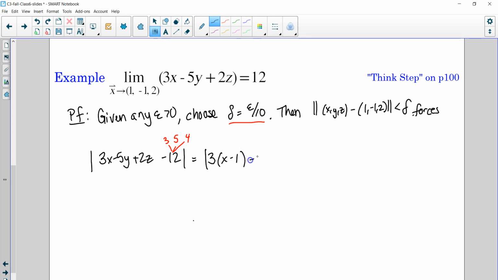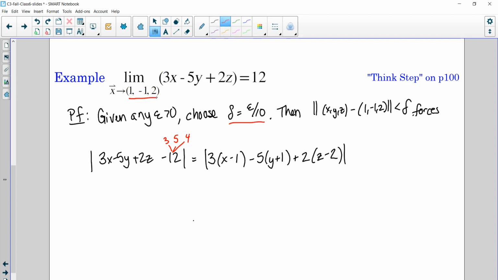Then minus 5 times y plus 1, that's where the 5 goes, again just moving that around, and then plus 2 times z minus 2. So I just broke that apart to get this, and the reason I did that is the point is going to pop out, right?